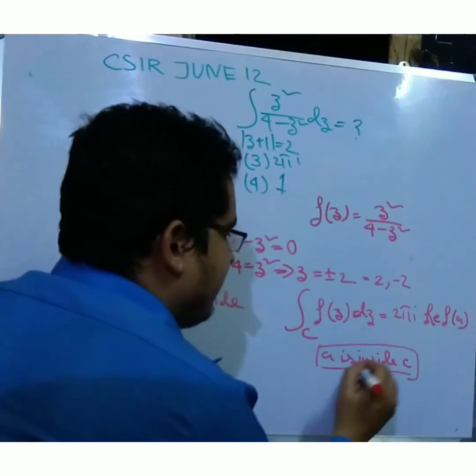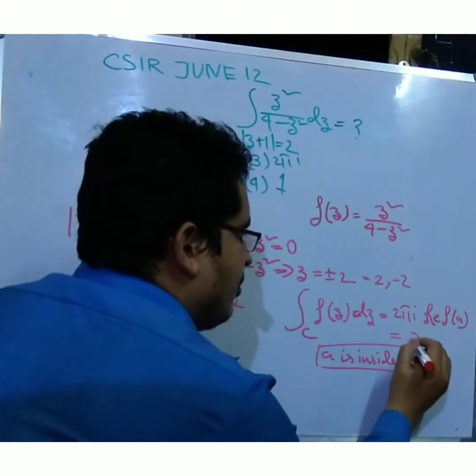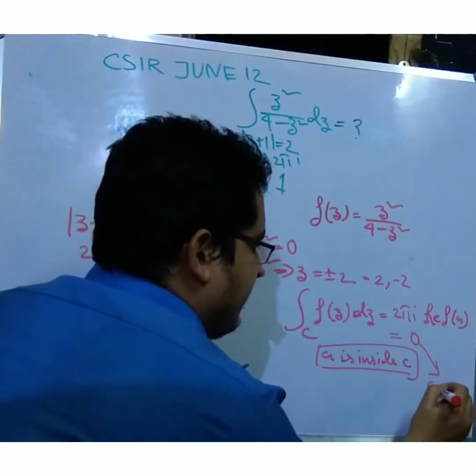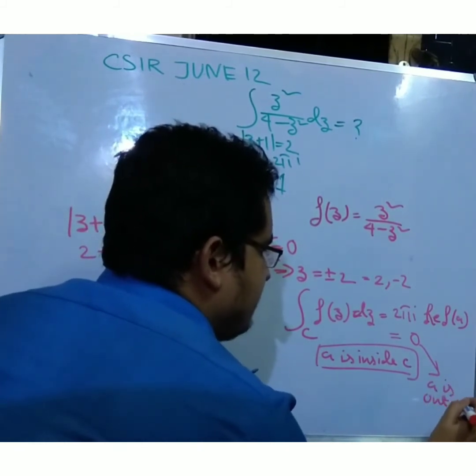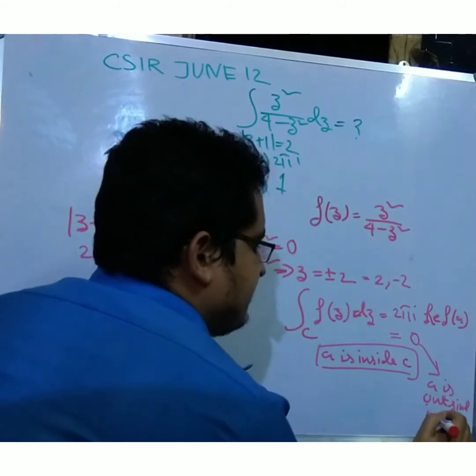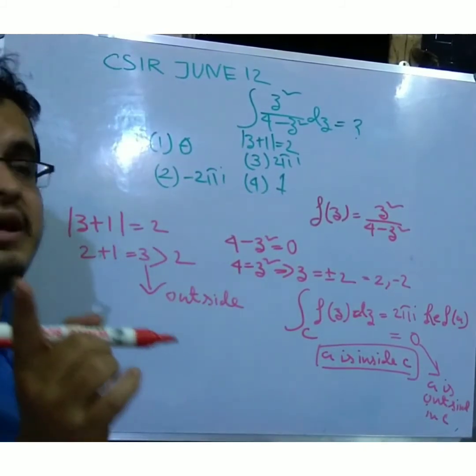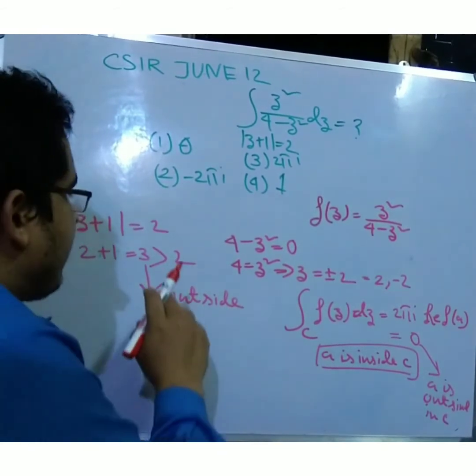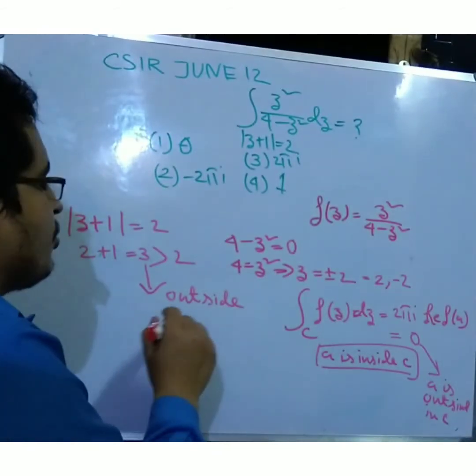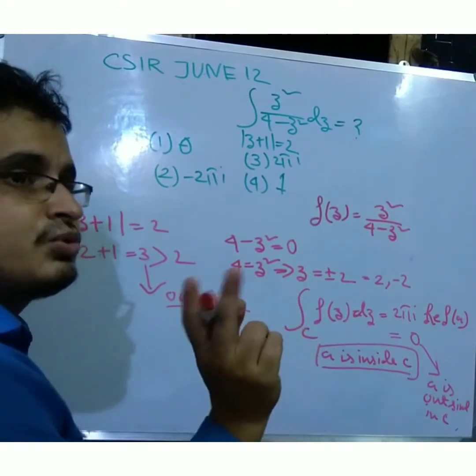The residue is 0 if a is outside C. So 2 plus 1 equals 3, and 3 is greater than 2, so it is outside. Must remember it is outside.